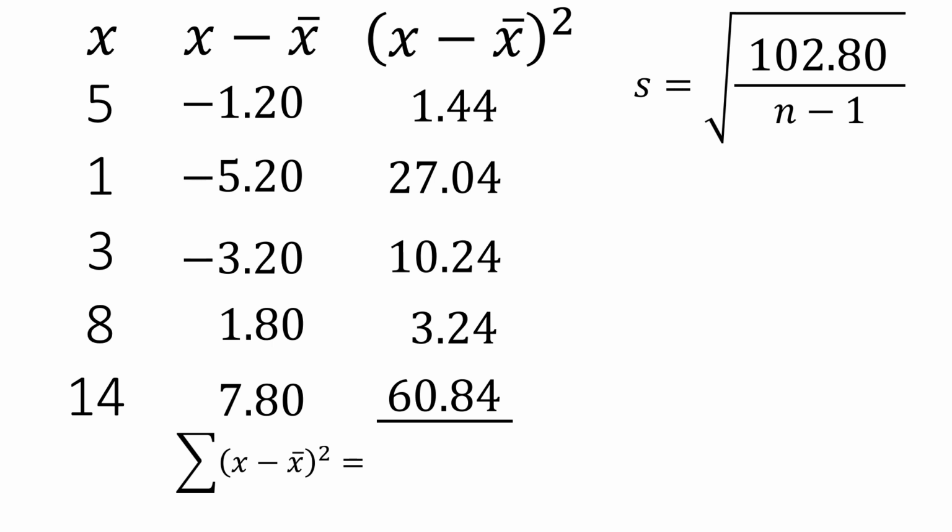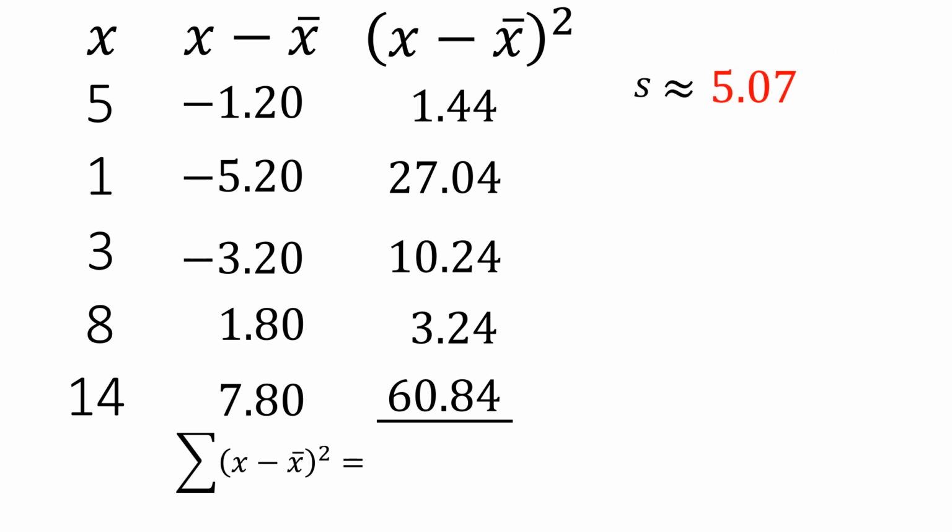And then we're going to replace n with the number of given, which is 5. Then we calculate the standard deviation using a calculator. So that's approximately equal to 5.07.